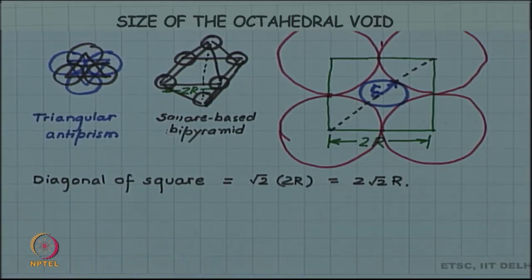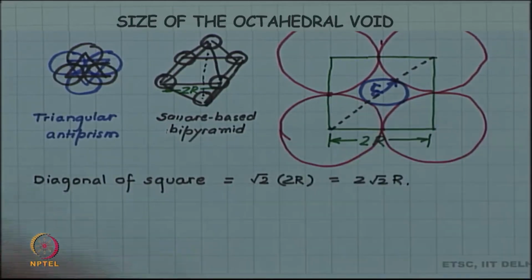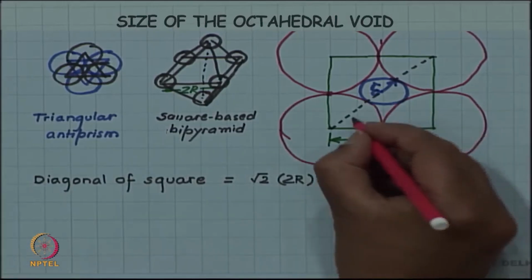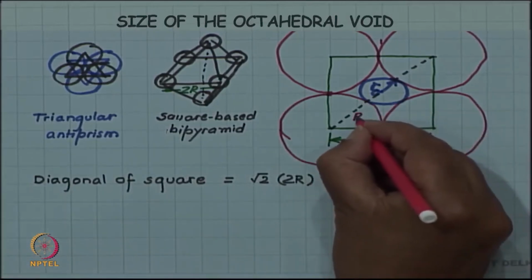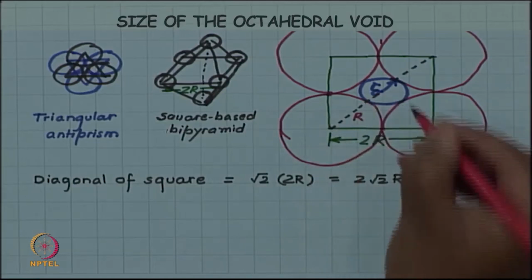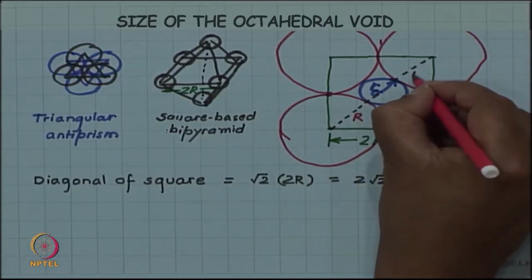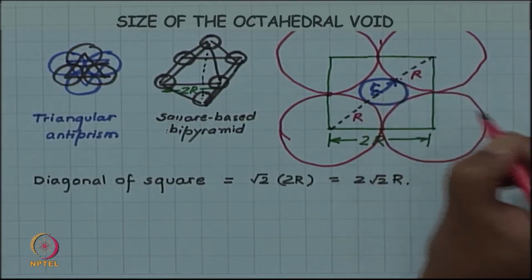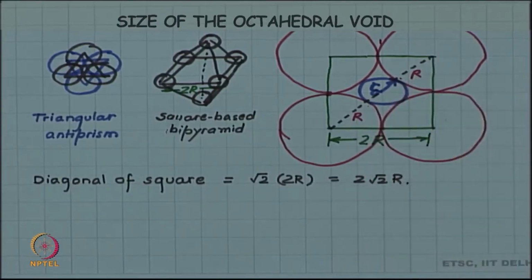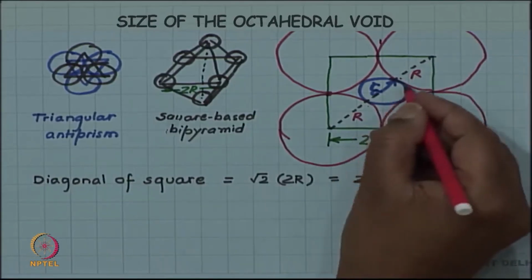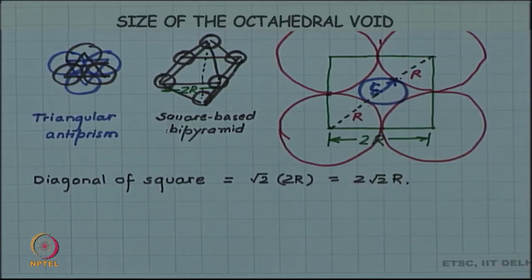However, along that diagonal my red sphere contributes a radius r from this corner and a radius r from this corner, whereas the central sphere, the one in the void, is contributing 2 r o.